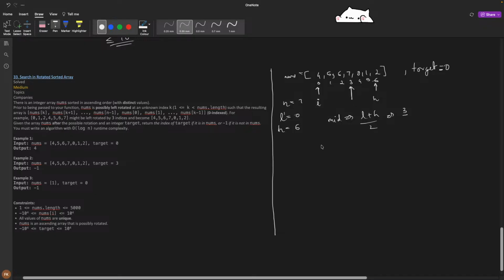But else we have two conditions. Where to check? Left side or the right side?